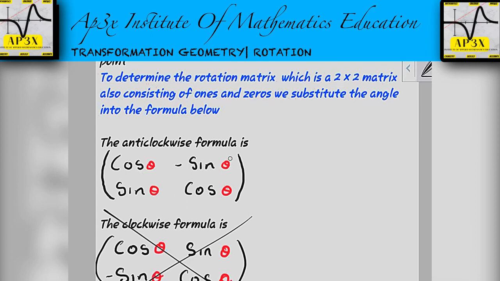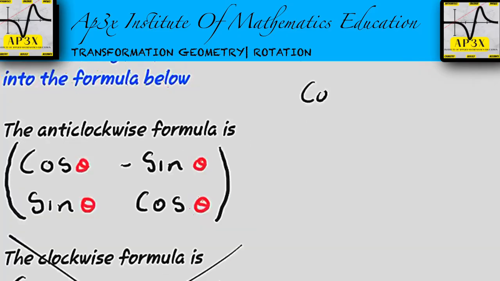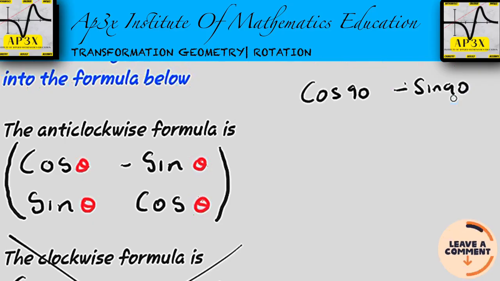Obviously, theta represents the angle. So if we want the rotation matrix for 90 degrees counterclockwise, we're going to put 90 inside the formula here. So we're going to say cosine 90, minus sine 90, sine 90, and cosine 90.